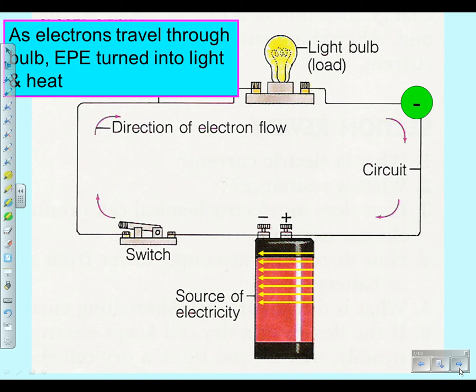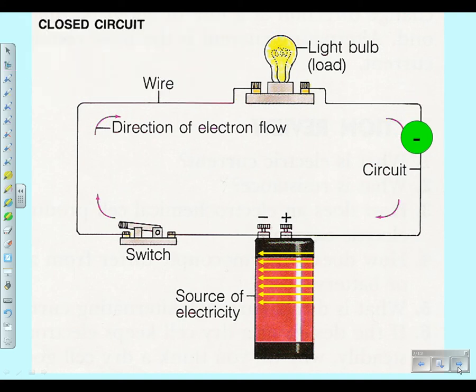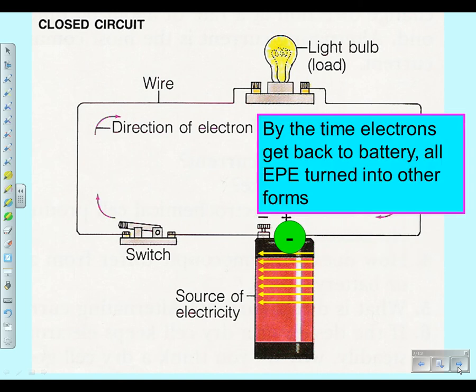But that electric potential energy is getting converted into other forms of energy. The entire time, what is happening to the amount of electric potential energy? It's decreasing until we get back to the battery. Now it has zero potential energy.